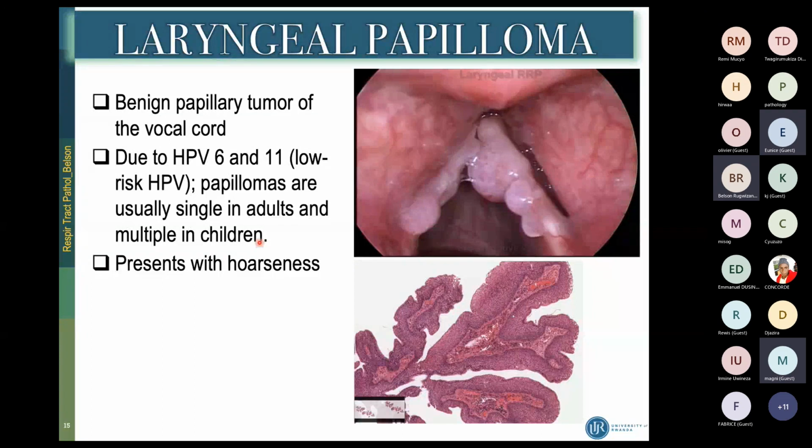Low risk serotypes are the ones not causing cancer. High risk ones are the ones causing cancer, like squamous cell carcinoma in the cervix, in the oropharynx, and so on. Serotypes 6 and 11 are the most common low risk HPV serotypes, while 18, 16, 52, 58 are the most common high risk serotypes of HPV.